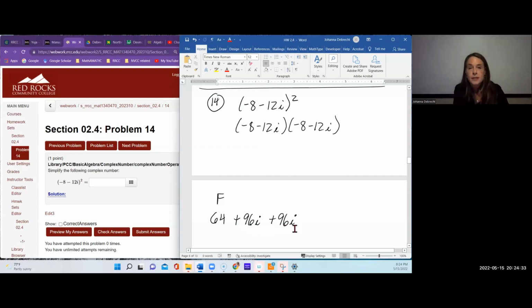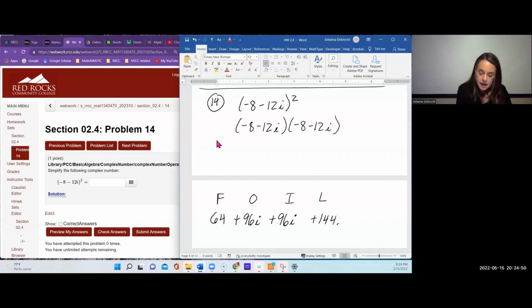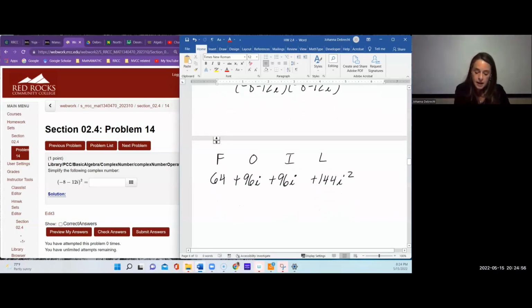The middle term doesn't cancel, it doubles. Then the last gives us -12i times -12i. The double negative makes it a positive 144, and the i times i makes it i squared. But remember that i squared is a -1, so it changes the sign and becomes minus 144.